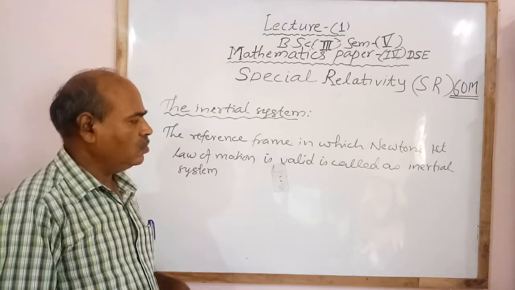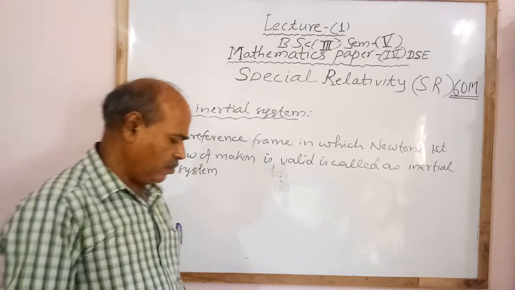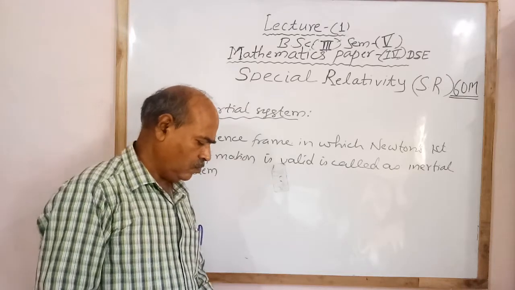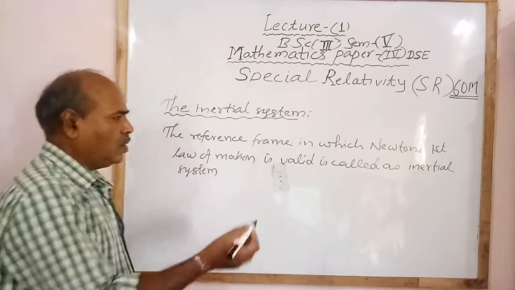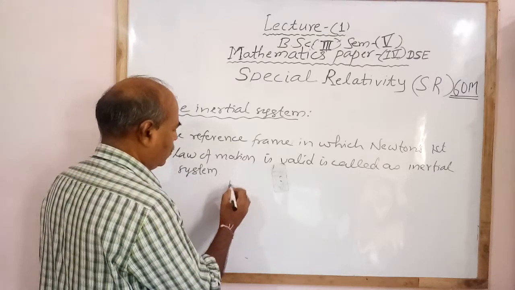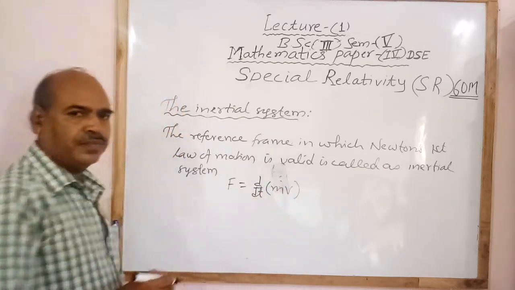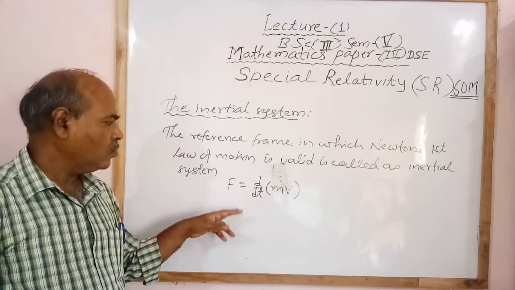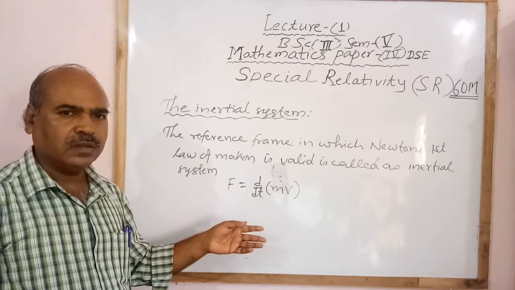If the body is not under the influence of any force, then the motion can be explained by Newton's second law of motion, that is F equal to d/dt of m into v, where F is the force acting on the particle, m is the mass of the particle, and v is the velocity of the particle.